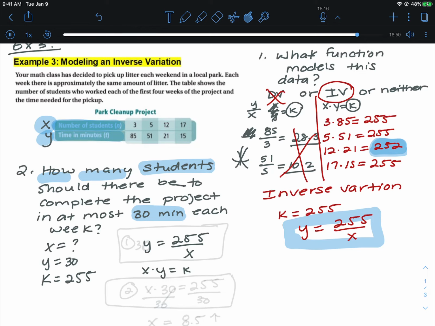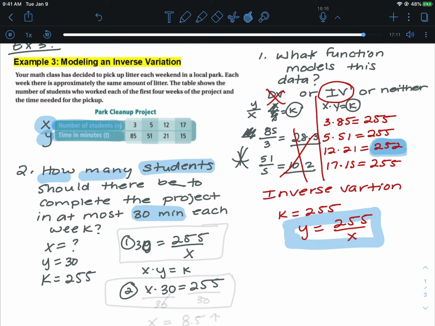Which means X times 30 equals 255, right? So you have option 1 or you have option 2. Literally, whichever one you want to use, it's your call. That means that here, instead of Y, we could put 30. Okay, so you can either solve for X here or solve for X here.